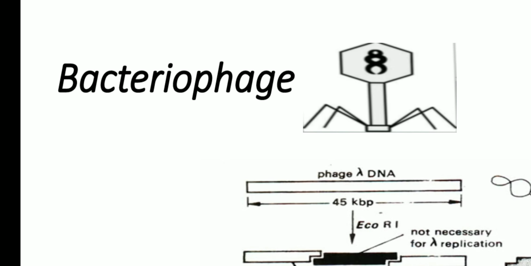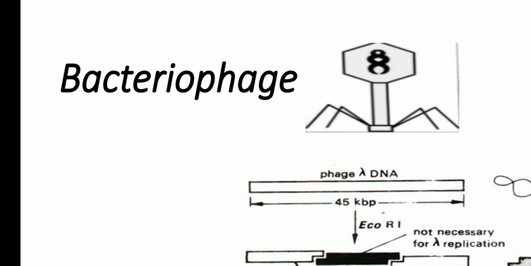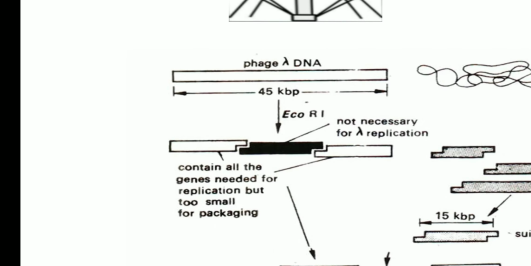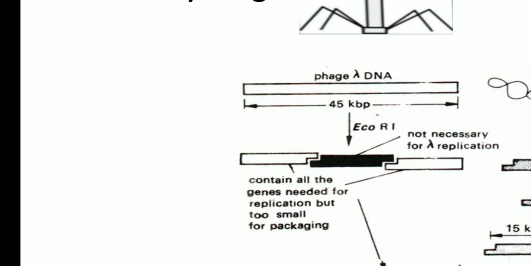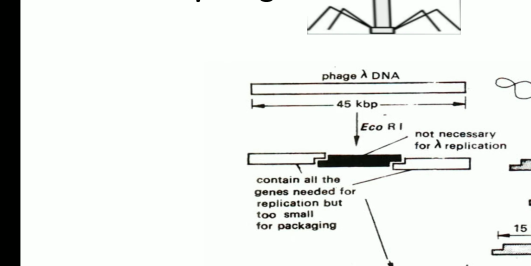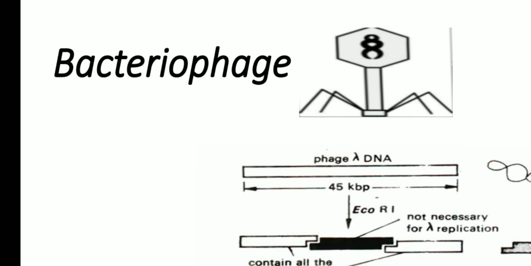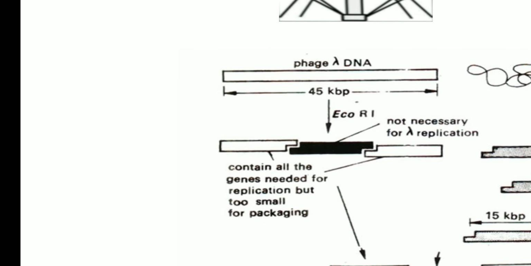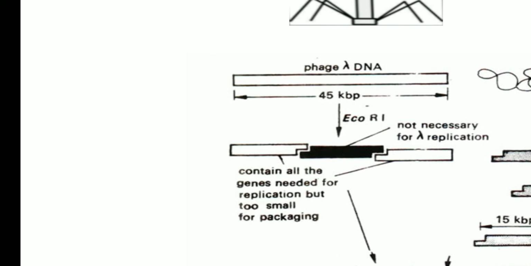From the lambda phage, the phage DNA was collected, 45 kilobases per phage DNA, and then in that phage DNA, using restriction enzyme, the unnecessary part of lambda phage DNA which is not used in replication was removed.